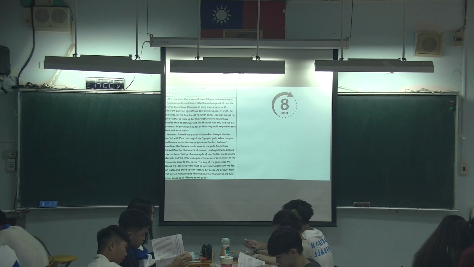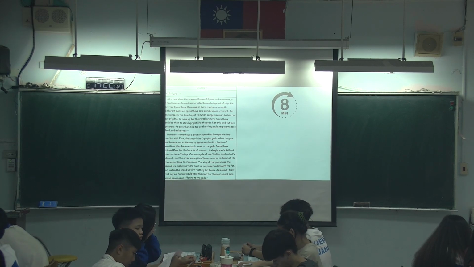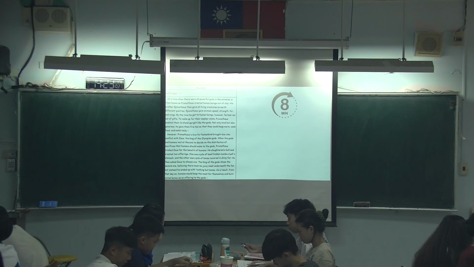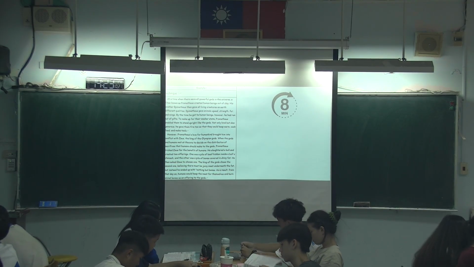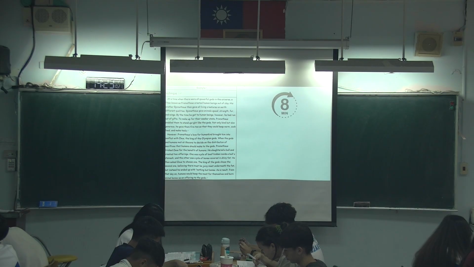So if you get a handout, make sure that it's double-sided printing, okay? And there are 3 questions on each page. So there are 6 questions in total. Everyone's ready?